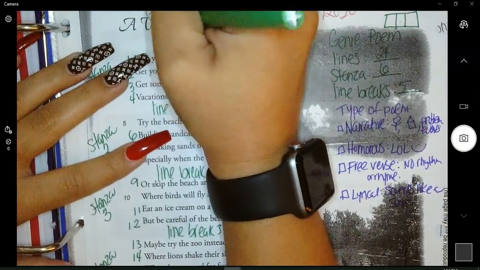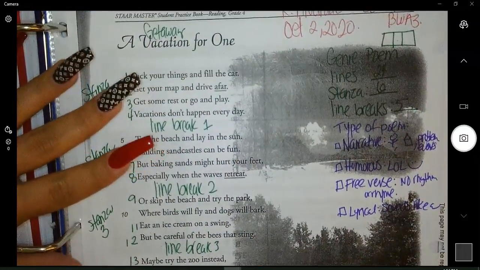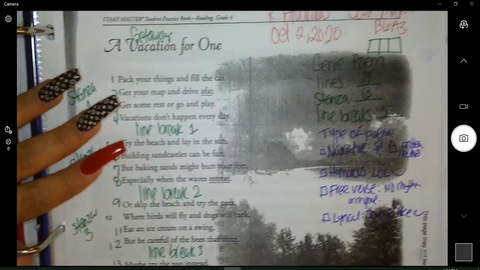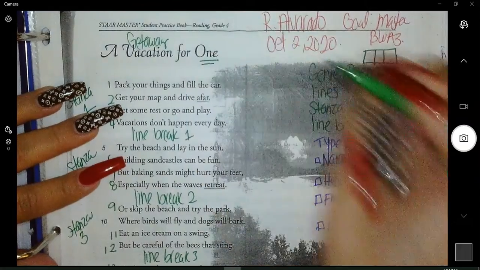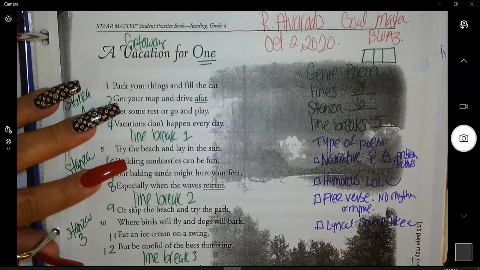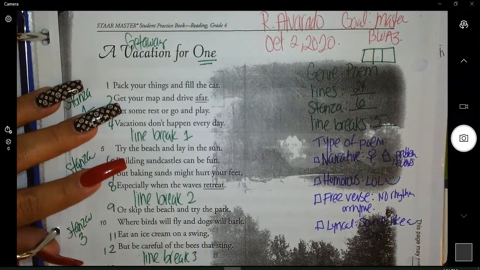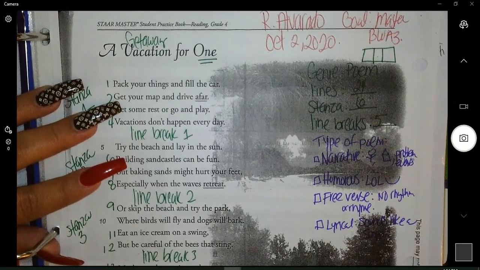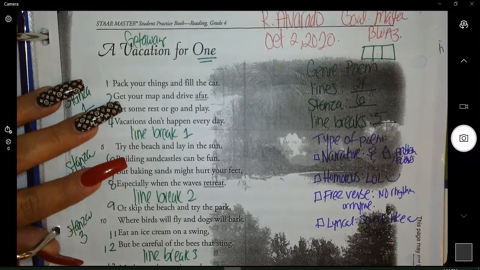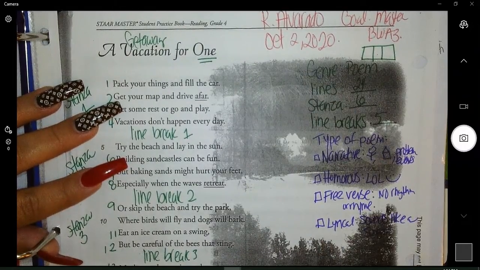You get away from school, you get away from your home, you get away from everything that's going on, right? What about for one? So how many people are going on this trip? Just one person, right? Do you usually do that? Do you usually just go by yourself on a vacation? No, right? But this poet wrote A Vacation for One.